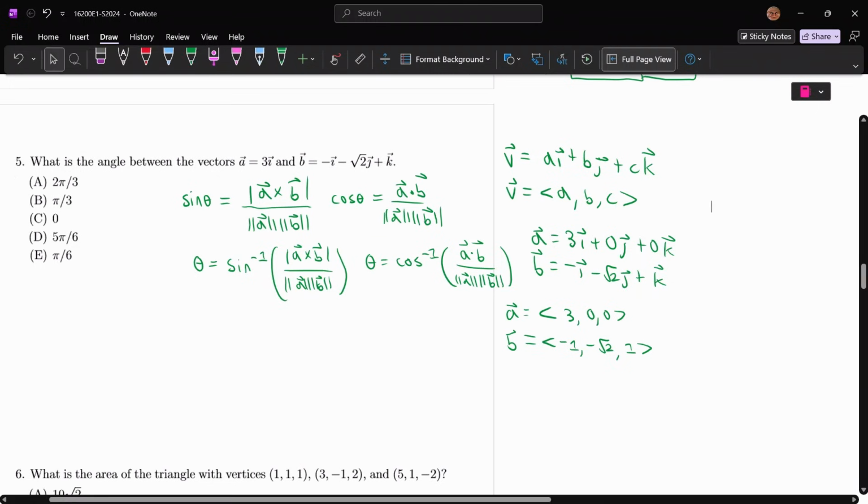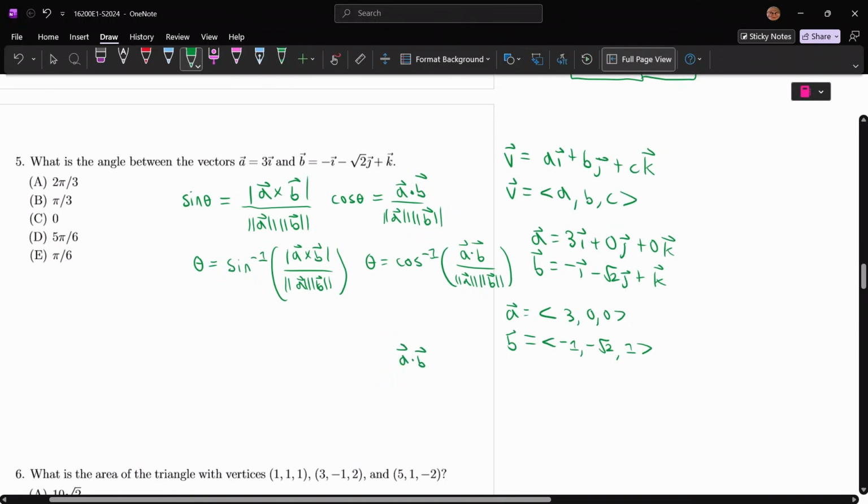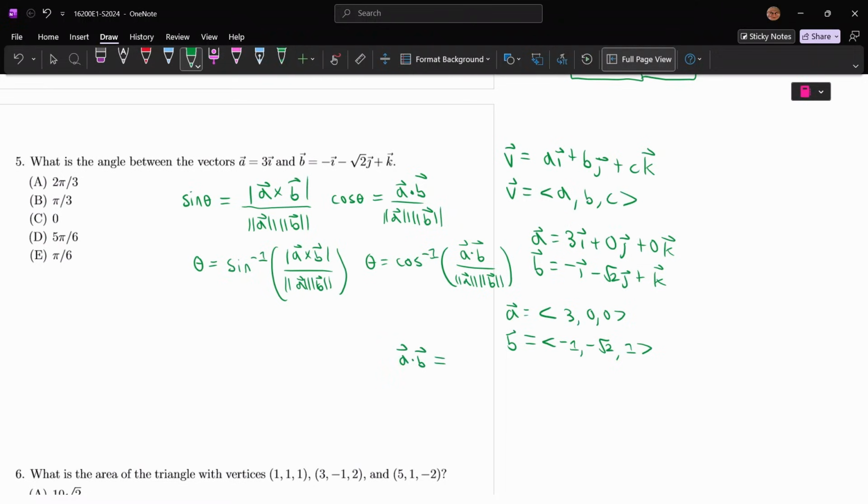Recall that a dot product between two vectors, let's say a dotted with b, is equal to the i values of both vectors multiplied together plus the j values multiplied together plus the k values multiplied together. In traditional notation it would be this times this plus this times this plus this times this.